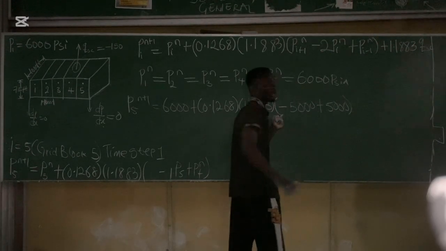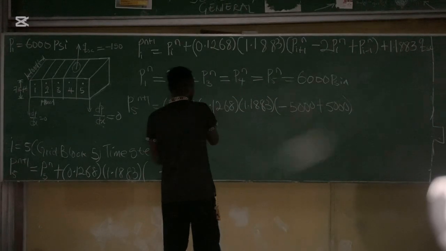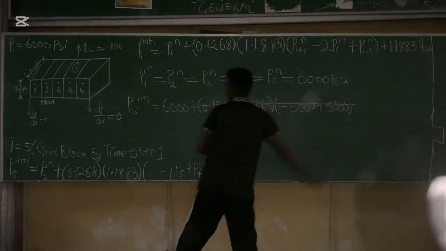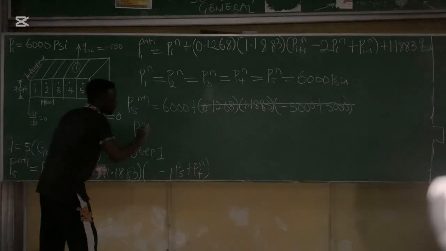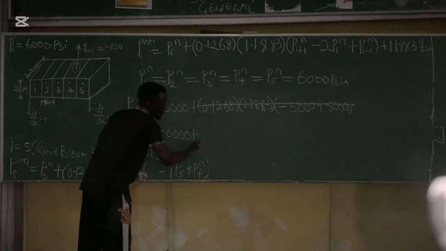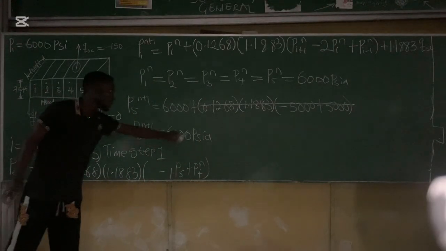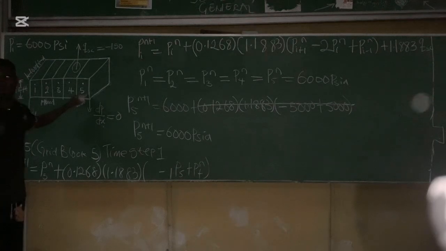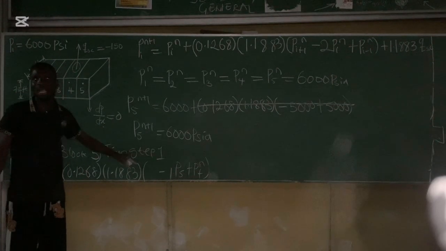If you compute this, minus 5,000 plus 5,000 is 0. 0 times this, everything here becomes 0. So this will give us P5n plus 1 will be equal to 6,000 PSIA. Since we already calculated for P5 as this now, and there is no other grid block from this, therefore this becomes the end of time step 1.